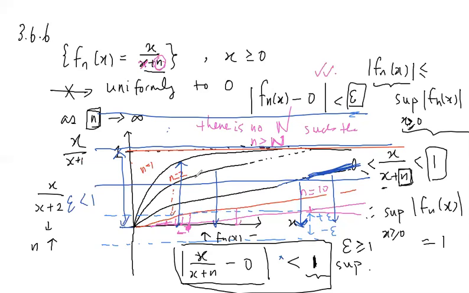So then you show that there is no uniform convergence, because for uniform convergence to occur, it has to be true for all epsilons greater than 0. But here you show that the inequality is only true when your epsilon is greater than or equal to 1.